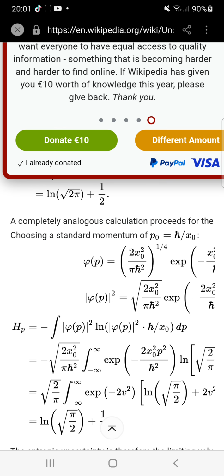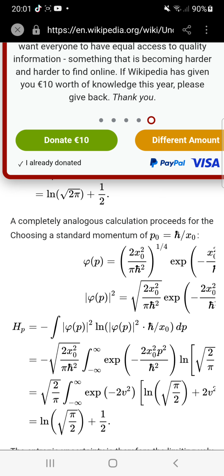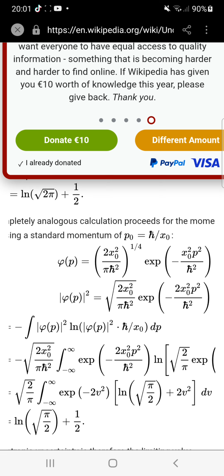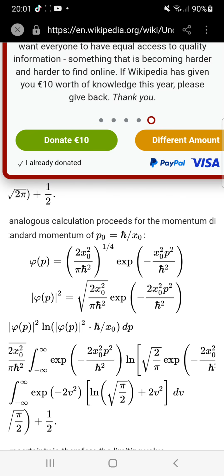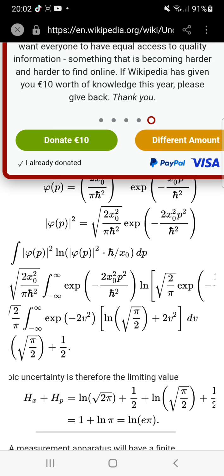A completely analogous calculation proceeds for the momentum distribution, choosing a standard momentum of p0 equals ħ divided by x0. φ(p) equals (2x0²/πħ²)^(1/4) e^(−x0²p²/ħ²), φ(p)² equals root(2x0²/πħ²) e^(−2x0²p²/ħ²).